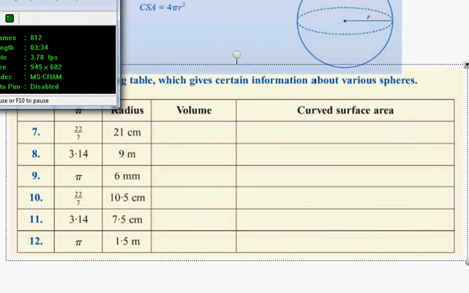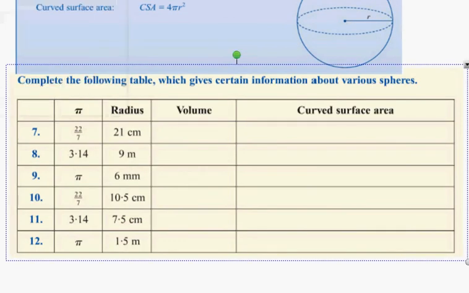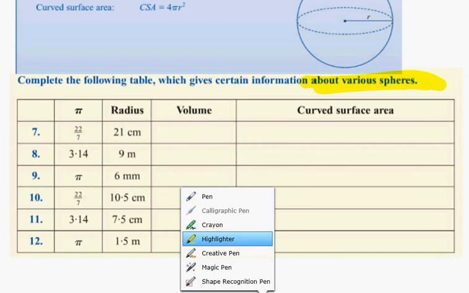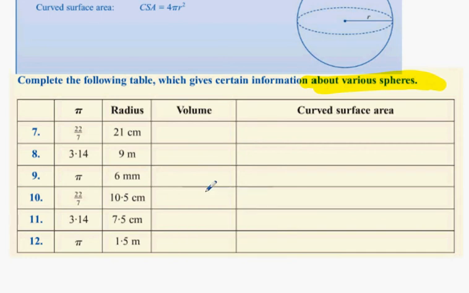Complete the following information, and we're just going to highlight this word just to drive this point home. We're talking about spheres. We'll do it in yellow because yellow's better. Spheres. So what we have to do here is this. The first thing I'll do is question 8 and question 12, and that should be enough to get us going.